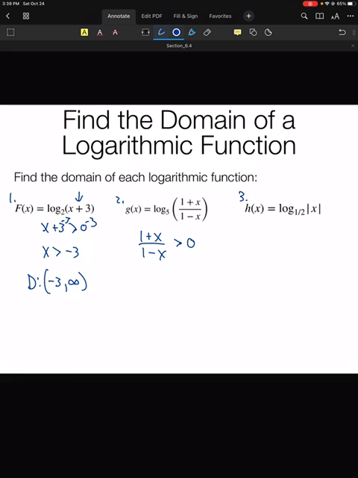This expression has to be positive. We could think about random values on a number line that would make that work.